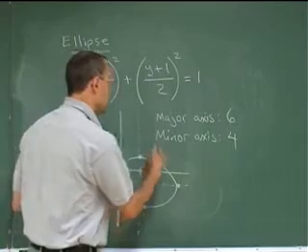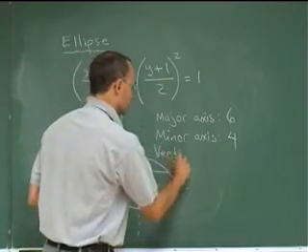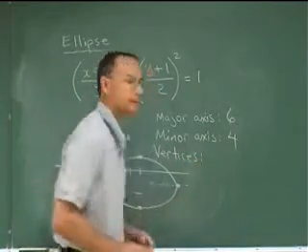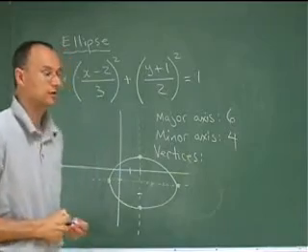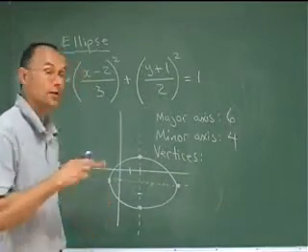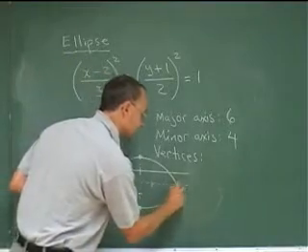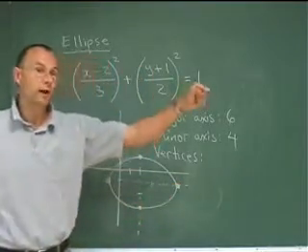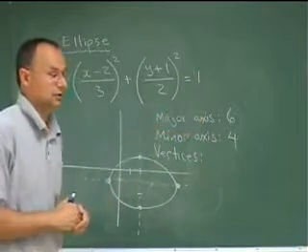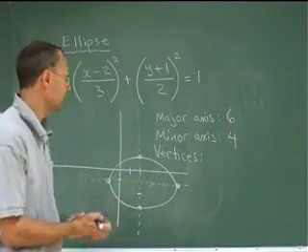The other thing that might be asked of you is, where are the vertices? The vertices are always on the major axis, and we're talking about these 2 points here. They're the endpoints of your major axis. So we just identify them off our graph.